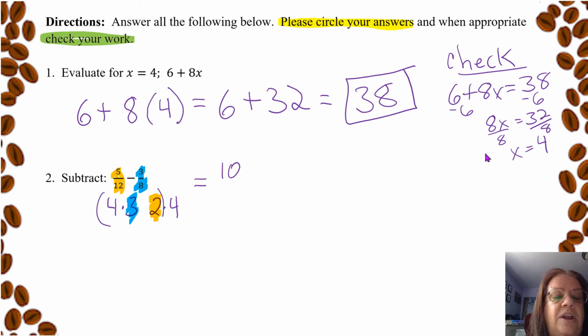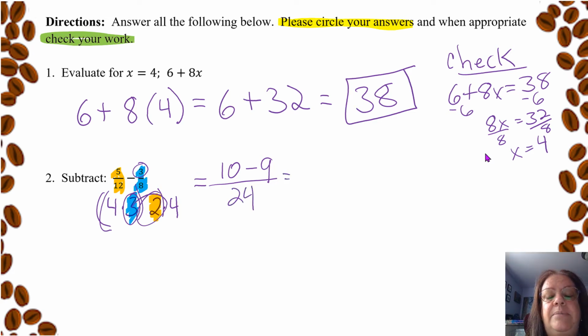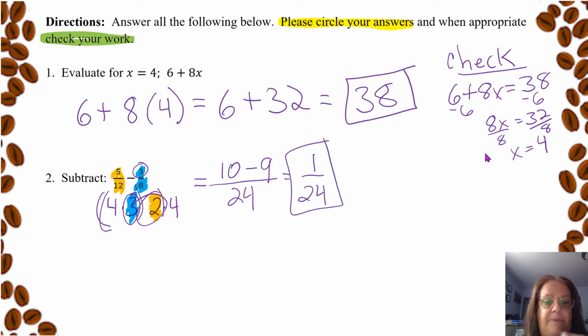Okay, so now I have 3 times 3, and so I have a minus 9. This is all over the 4 times 3 times 2, which is 12 times 2, or 24. 10 minus 9 is 1. And I get that back.